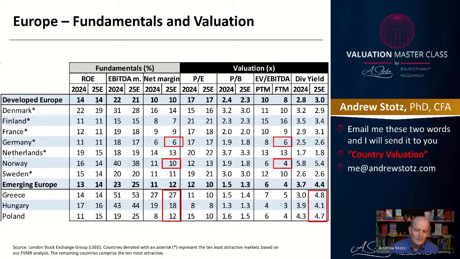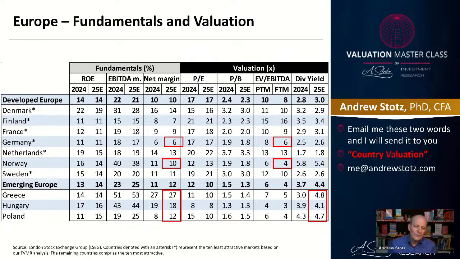Let's just look at Germany for a second, and you can see that Germany has a net margin of only 6% versus a developed Europe average of 10. We can also see the emerging Europe has a net margin of 12, so double Germany. Germany's really, really in a mess.